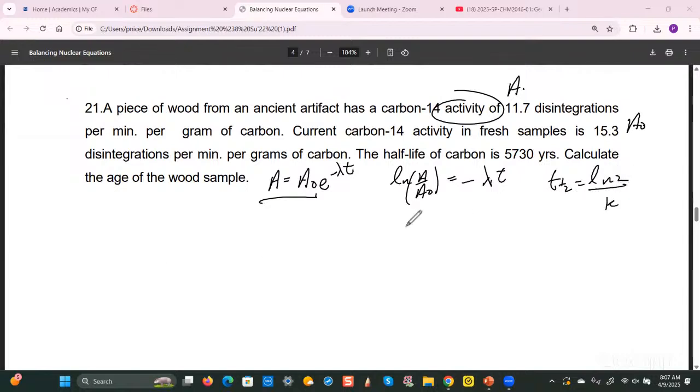In fact, what I would do is use this equation first, because this equation allows us to calculate time very easily, right? Because that's what the question is asking for. The question is asking for the age of the wood sample.